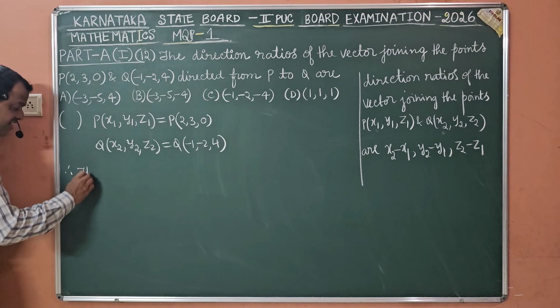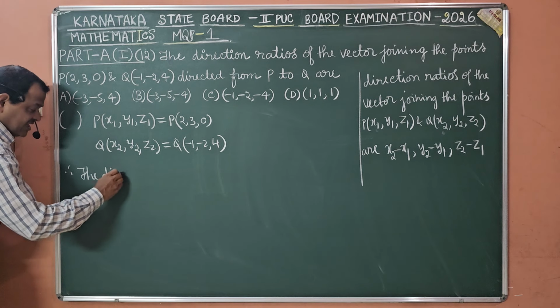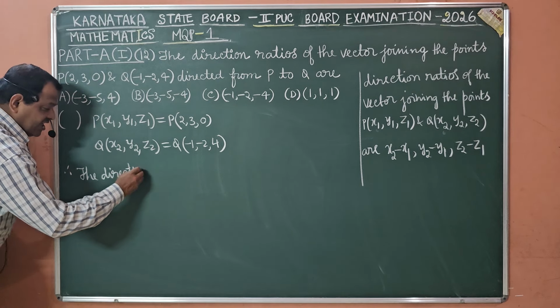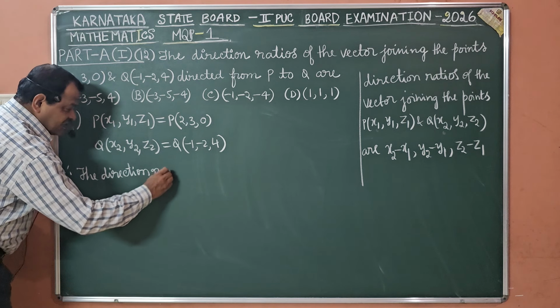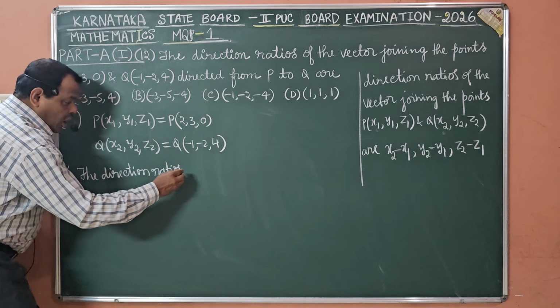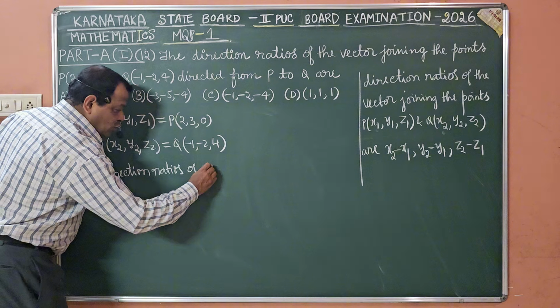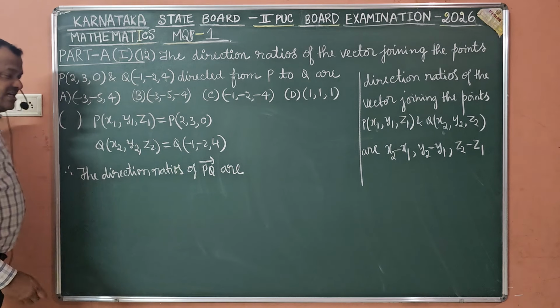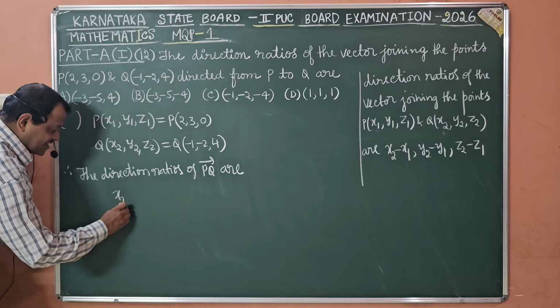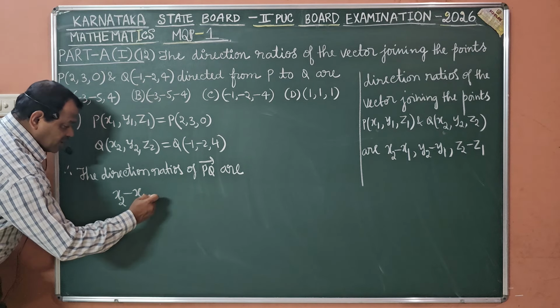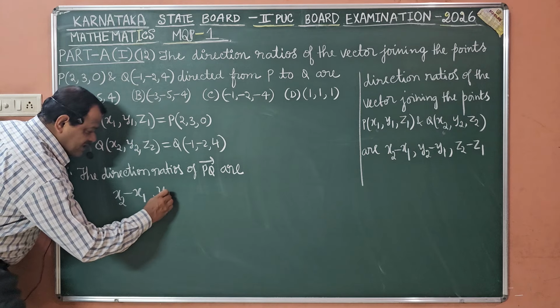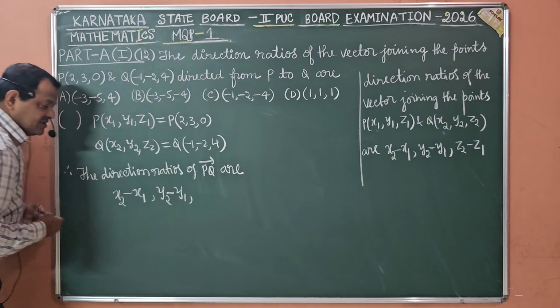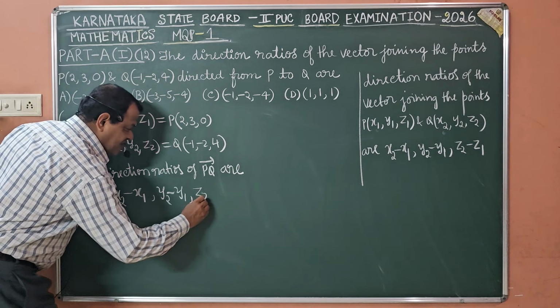Therefore, the direction ratios of this PQ vector are x2 minus x1, comma, y2 minus y1, comma, z2 minus z1.